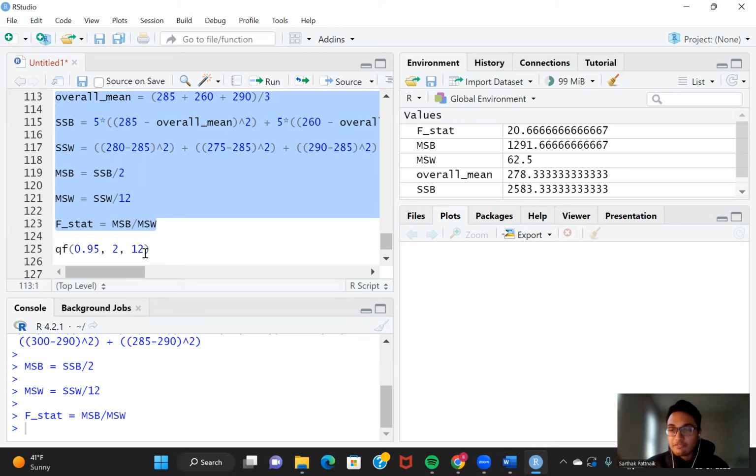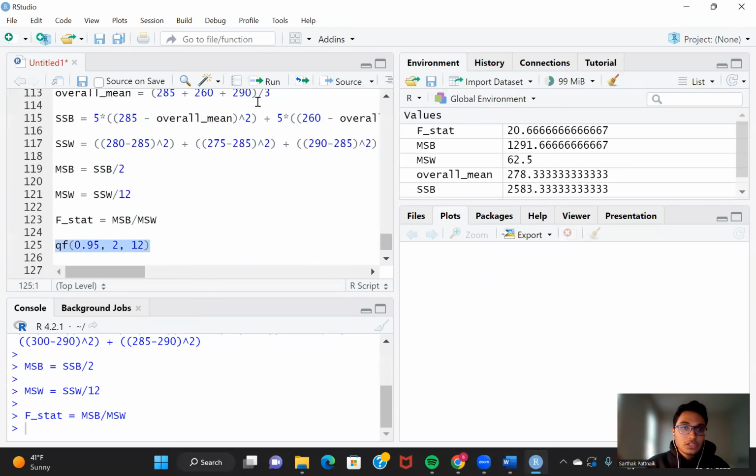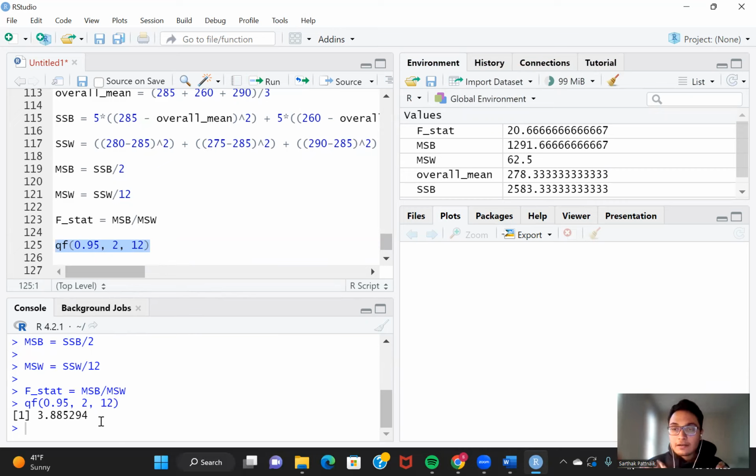The R function that we'll use here is QF. So once you do the QF of 0.95, 2, 12, you get 3.885294. So this F statistic is greater than my critical value. So we can say that the groups are not the same. There exist differences between the groups.